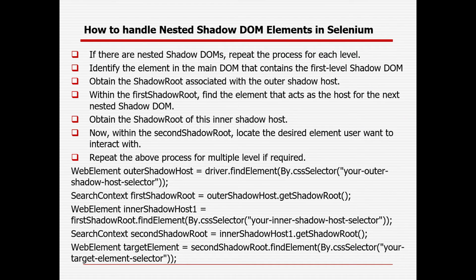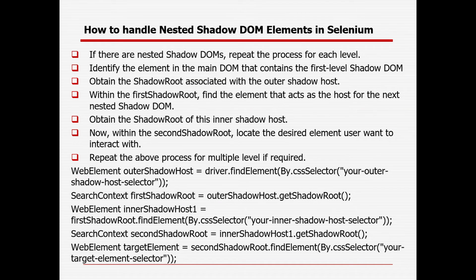So first you need to identify the outer shadow host, and from the outer shadow host web element reference, you need to go to the first shadow root. After that, with the help of the first shadow root object reference, you need to go for the inner shadow host, and again you need to go to the inner shadow root.